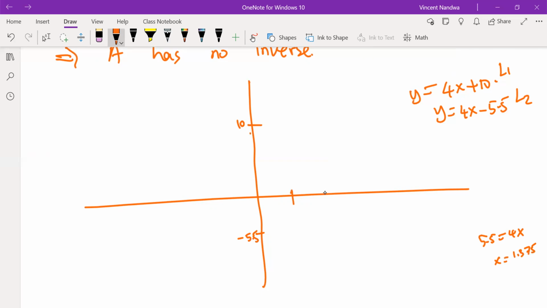So let me say here is 1. And then the other one will be 4x equals minus 10, x equals minus 2.5. So this is negative 1, negative 2. So this way I have say negative 3, negative 2.5 here. So we'll have a line, this line here.